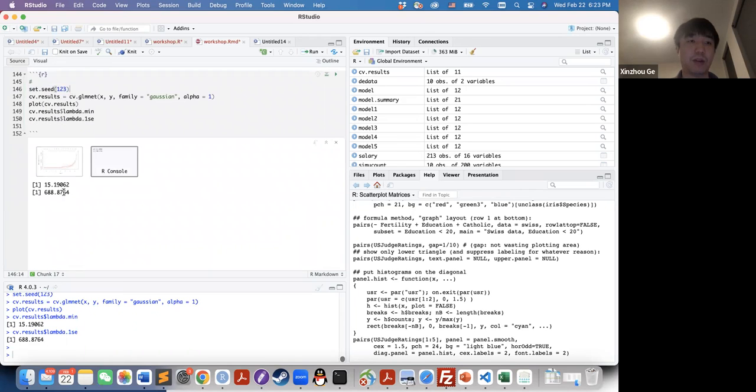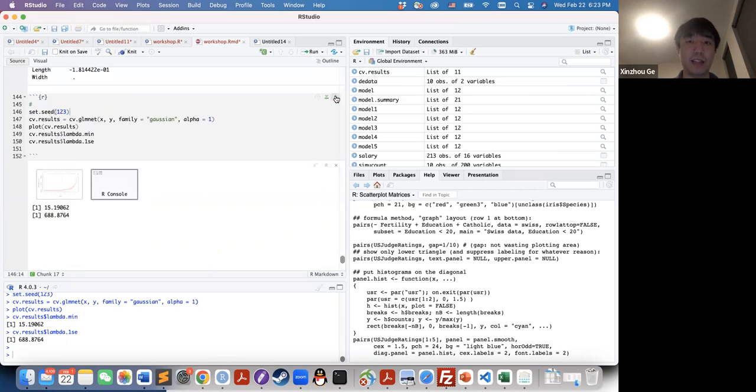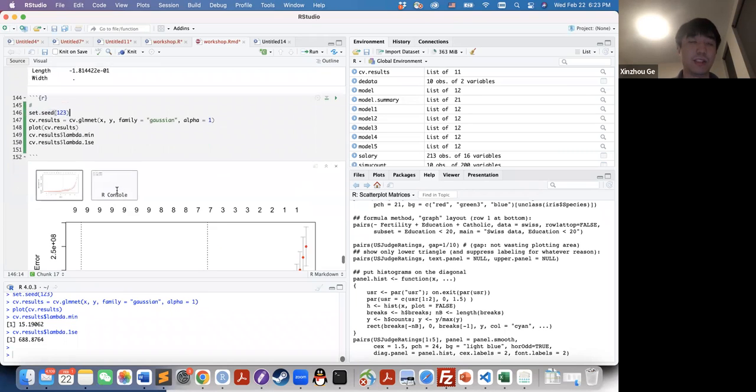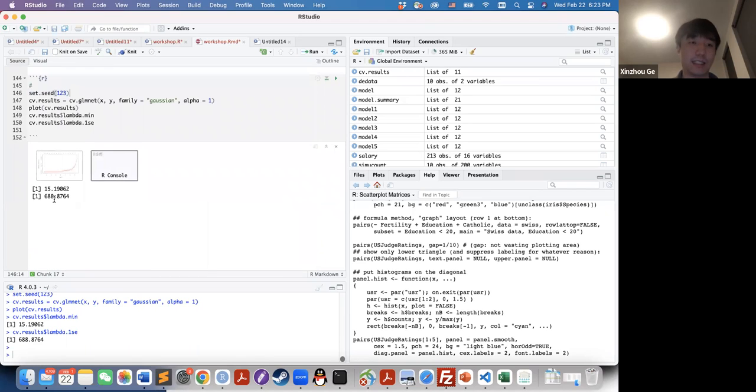So we can see that if we run once, we have 15 and 688, and if we run it again, we still have 15 and 688.